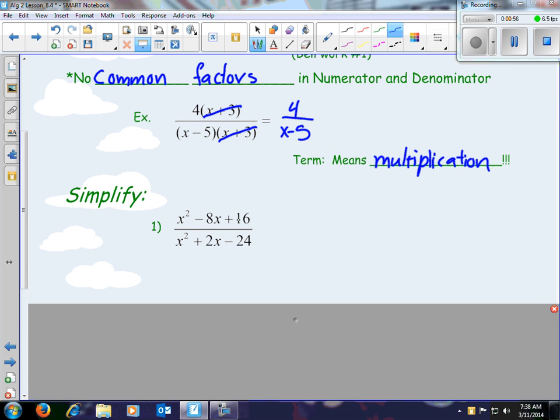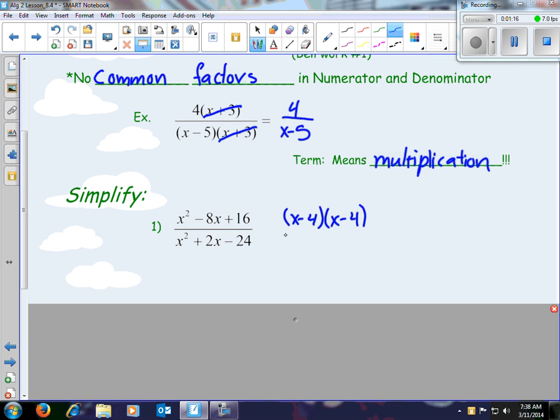So I'm going to have to look at this expression and say, okay, what two numbers multiply together to be 16 and add together to be negative 8? I think x minus 4 times x minus 4, because negative 4 times negative 4 is positive 16, and negative 4 plus negative 4 is negative 8.